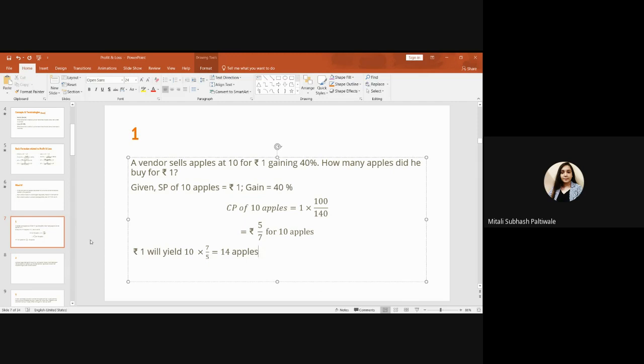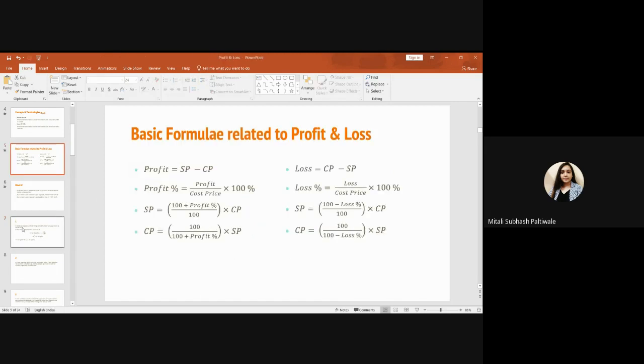Okay, so now what have we done here? We had the selling price of 10 apples, which was rupees 1, and the gain was 40%. Now the CP of 10 apples would be 1 into 100 by 140, where we have used the formula.